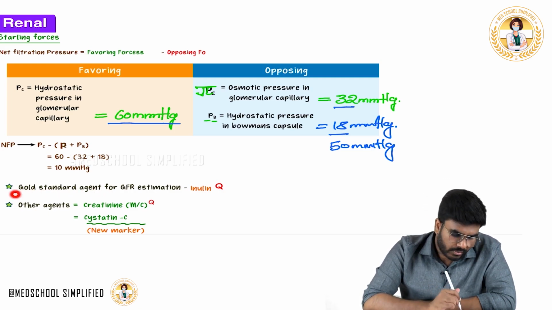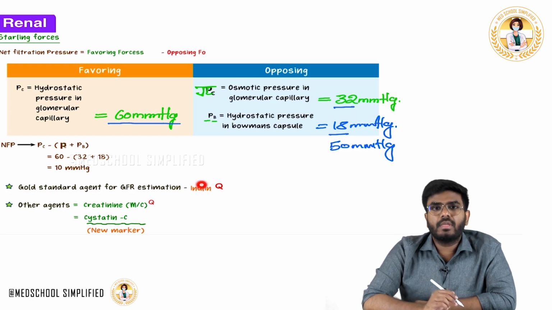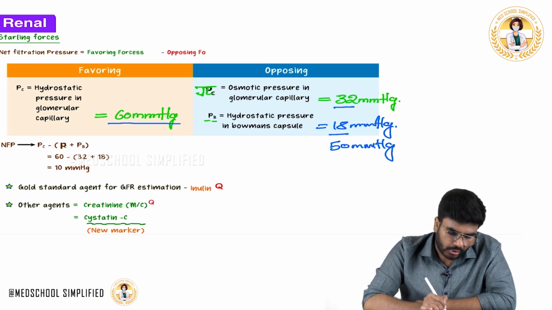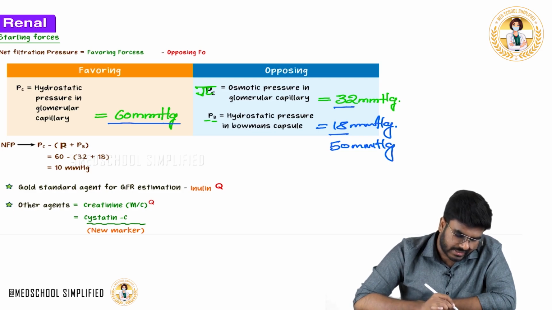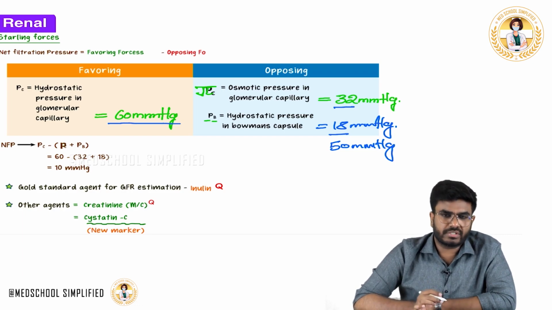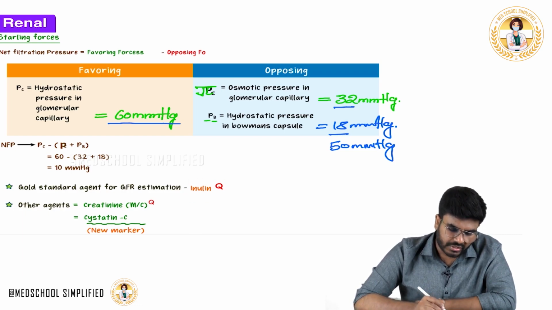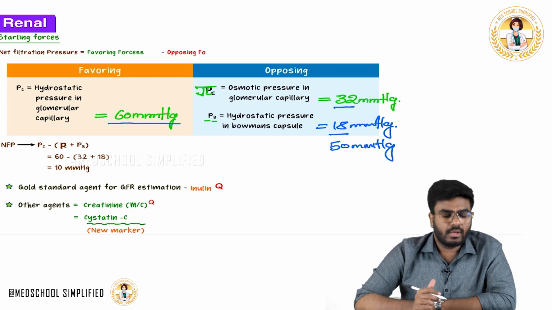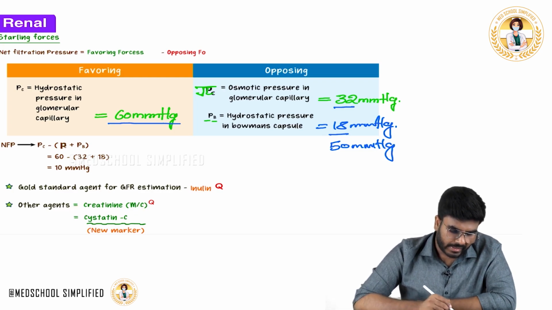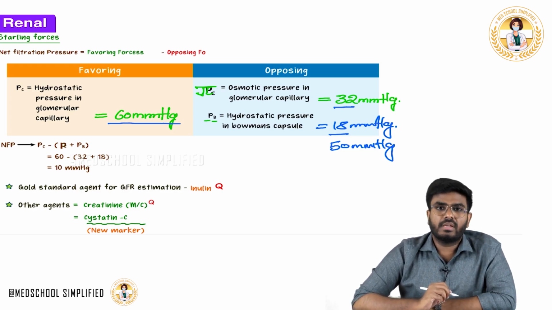Not only inulin, but creatinine and cystatin C are also markers of filtration. Inulin is the gold standard marker of GFR, creatinine is a marker of GFR, and cystatin C is a newer marker of GFR.